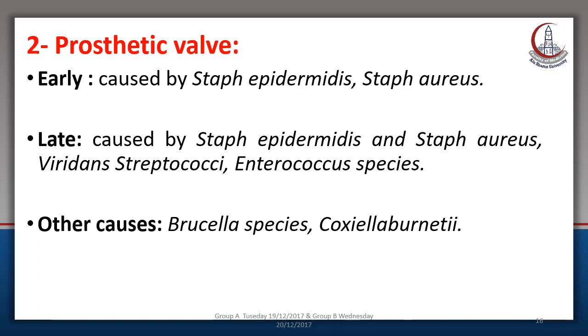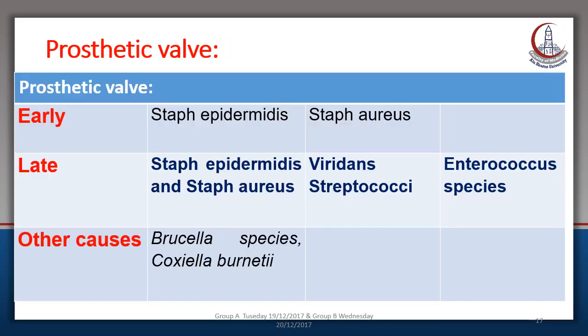Healthcare associated is caused by Staphylococcus aureus, Enterococcus species, and Staphylococcus epidermidis. Intravenous drug abuse can be caused by Staphylococcus aureus, gram-negative bacilli like Pseudomonas and Serratia, and also by Candida species.